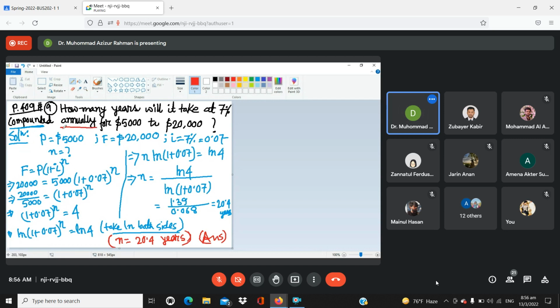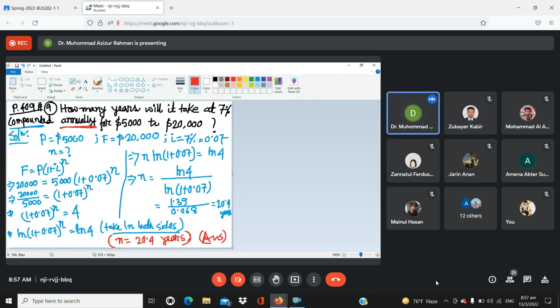Compounded annually means you are doing conversion once a year. Okay, once a year. It is similar to simple interest, like the yearly math we always do. Yes, exactly, similar.